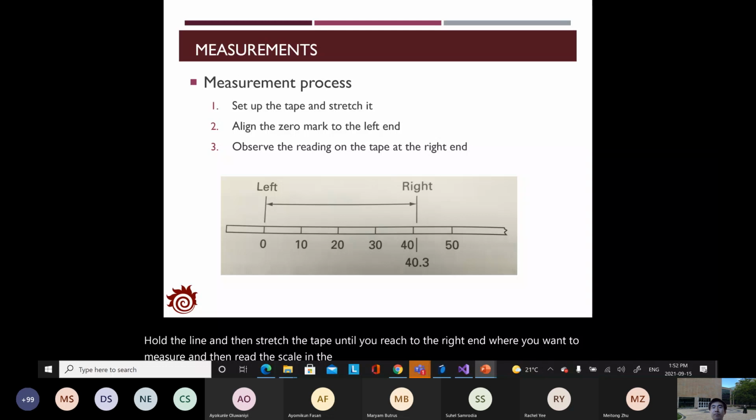That value on the tape will be the distance that you measured for the line. So this is a very simple process. Like for this example, if you are using the tape, you can measure a distance around 40.3 centimeters, and it could be some other values depending on the line you are trying to measure.